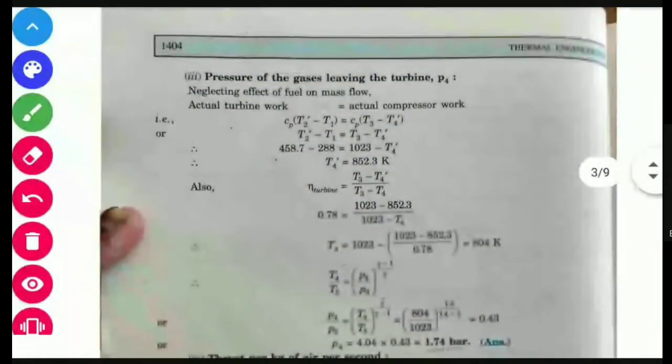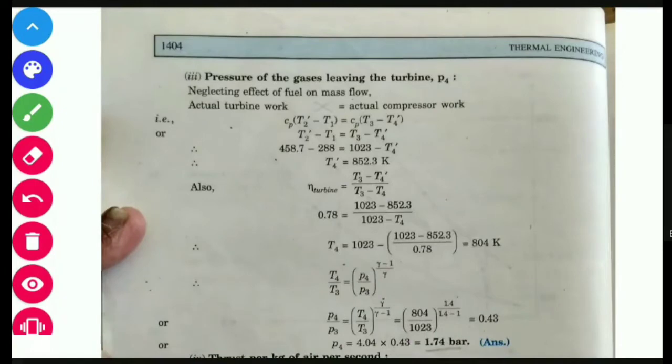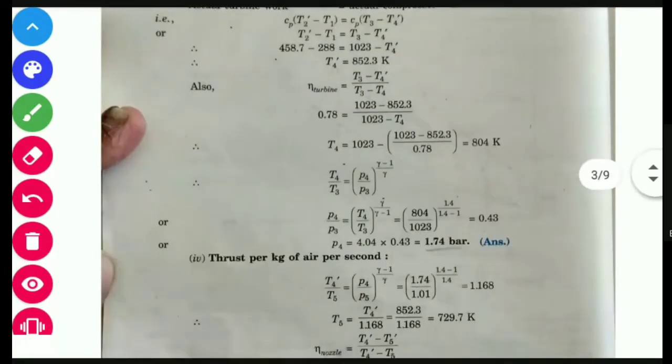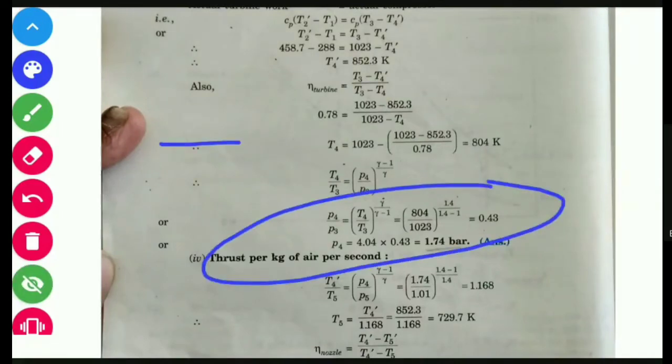The next one, third one, you have to find out the pressure of the gases leaving the turbine. That means P4. I already told you. Okay, you have to find out the P4. So to find out the P4, you can use the pressure temperature relation. But in that equation, we don't know T4.